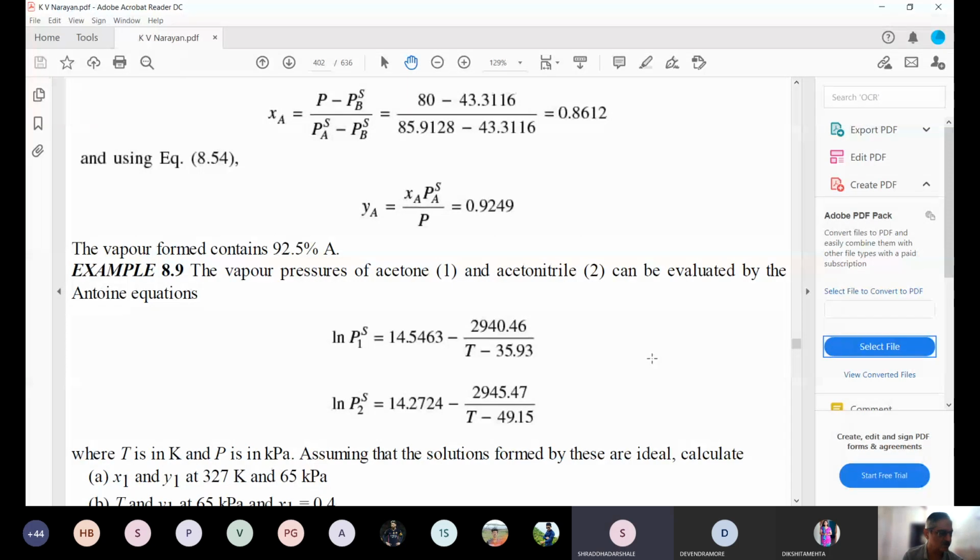And P2s? 39.30. Okay. So once you get P1s and P2s, you can find out x1. सब लोग करो, जितना करोगे उतना practice होगा, उतना आपको समझ में आएगा. Solved problem है book का, इसका मतलब ये नहीं कि सिर्फ refer करने का, actually खुद करने पर ही समझ में आता है. Otherwise reading the solution is not going to help you understand it. इसके बाद unsolved problem करेंगे तब पता चलेगा कितना समझ में आया आपको.